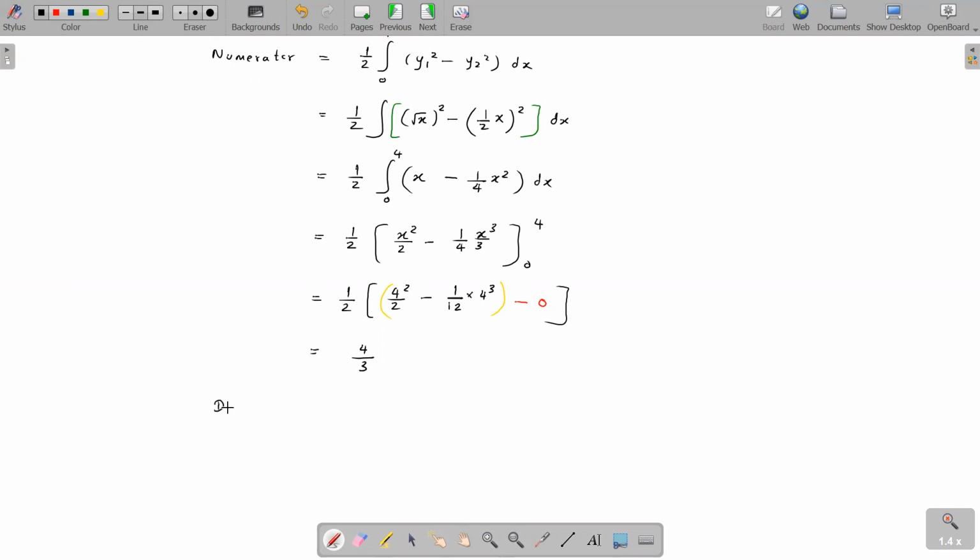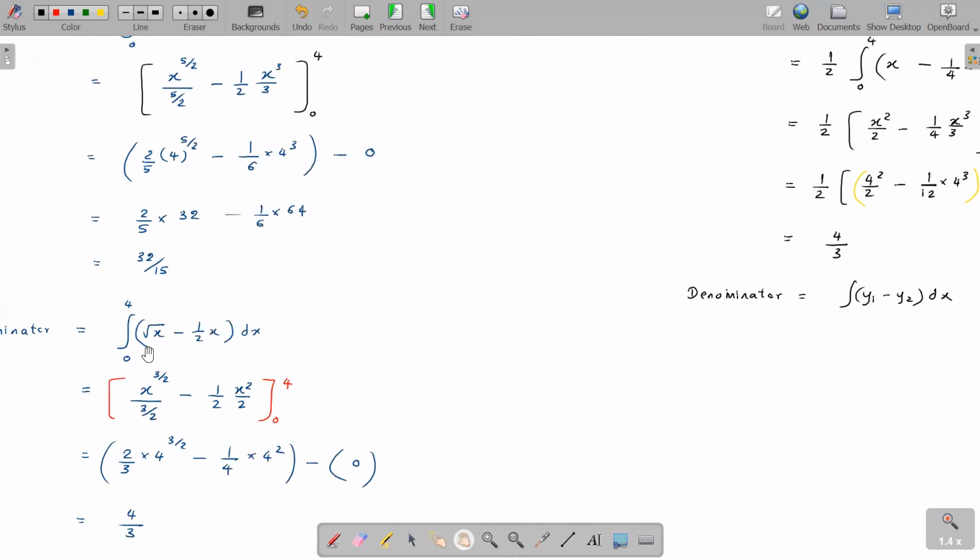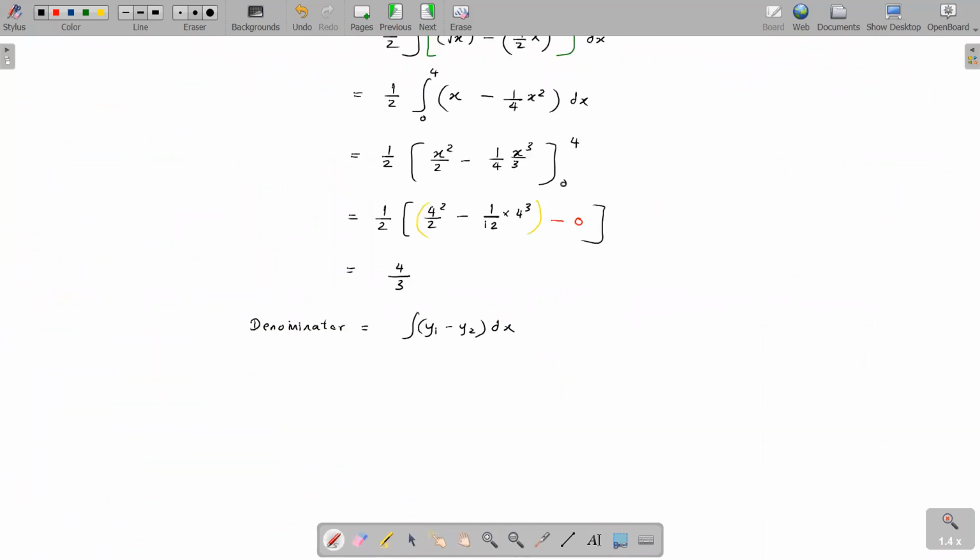The denominator we don't need to find, because the integration of y1 minus y2 with respect to x from limit 0 to 4 was already done. The answer is 4 over 3, we got it previously.